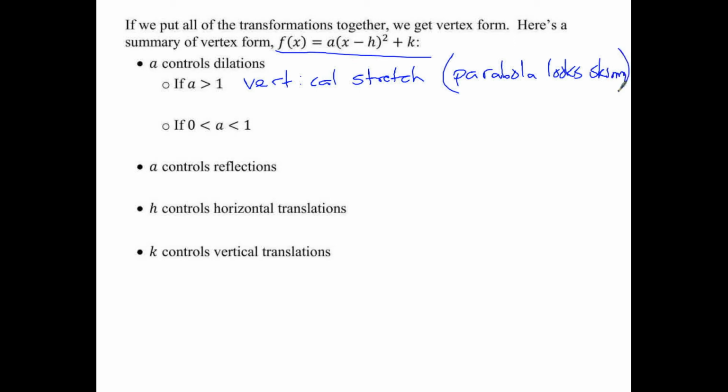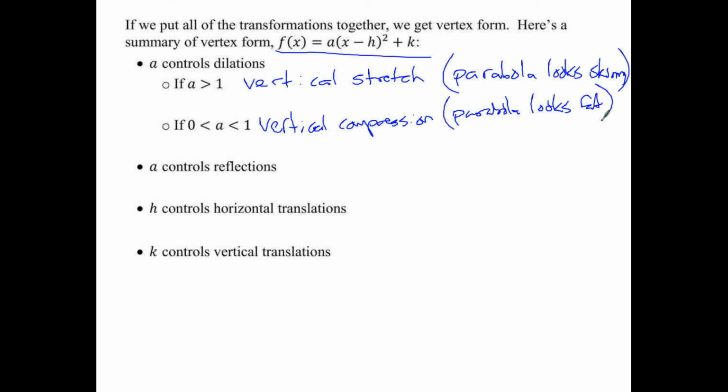Okay, and if a is between 0 and 1, what do we have? Vertical compression. And how will the parabola look? The parabola looks fat.